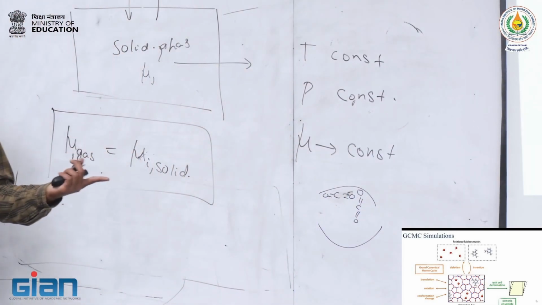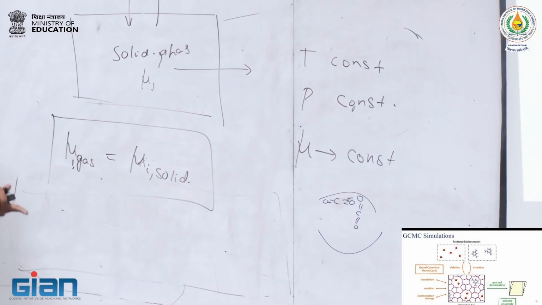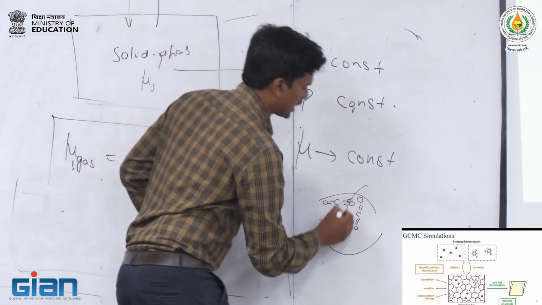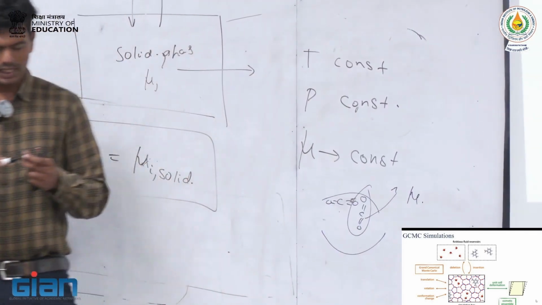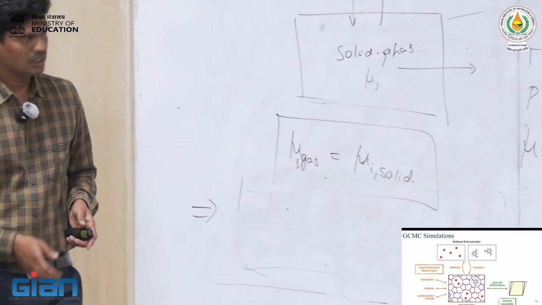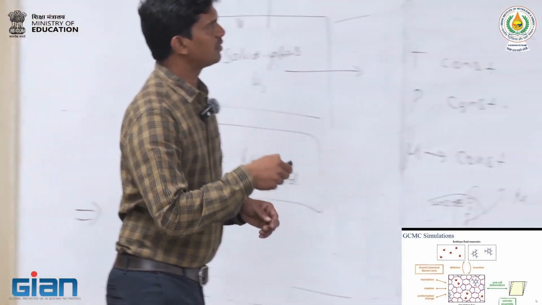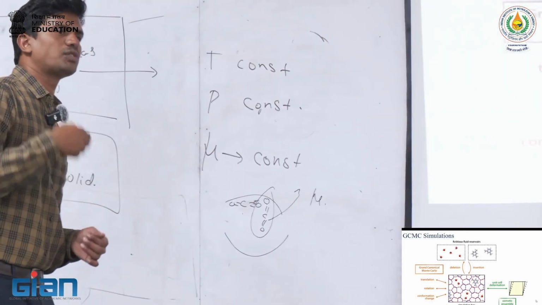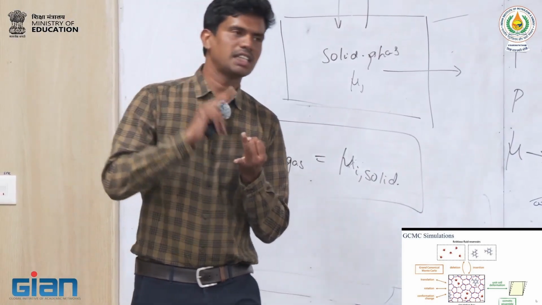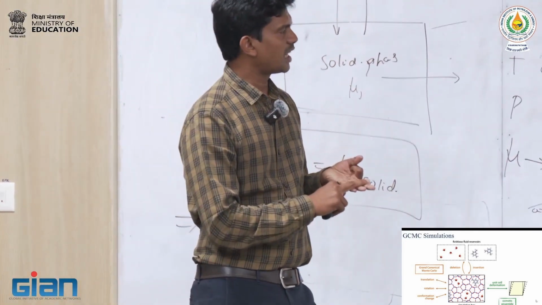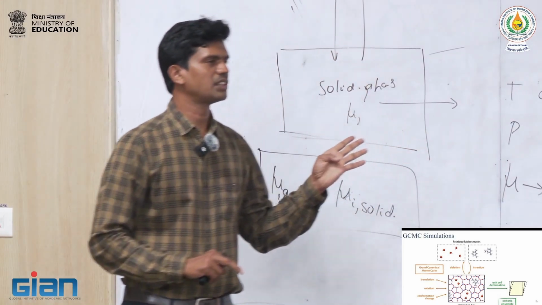When the rotation happens, again the energy changes. And again we calculate the energy and relate it to the chemical potential and compare it with the reference chemical potential. So these are the 4 different moves which we do in grand canonical Monte Carlo. One is insertion, second is deletion, third is translation, fourth is rotation, right?